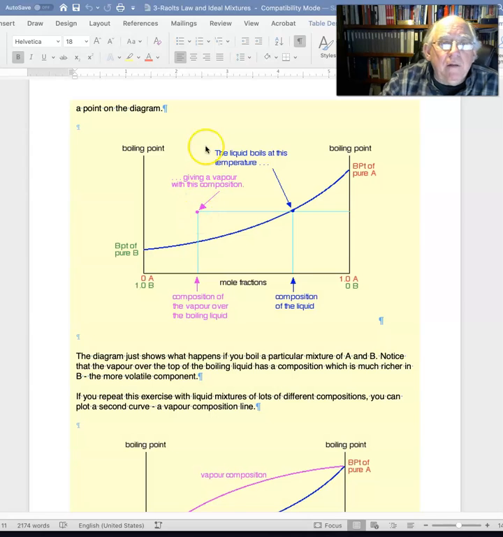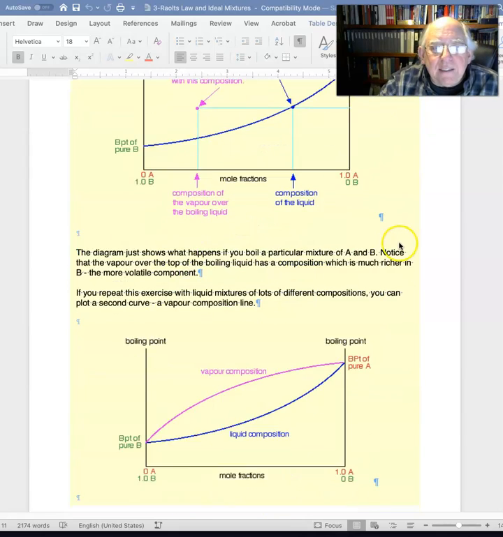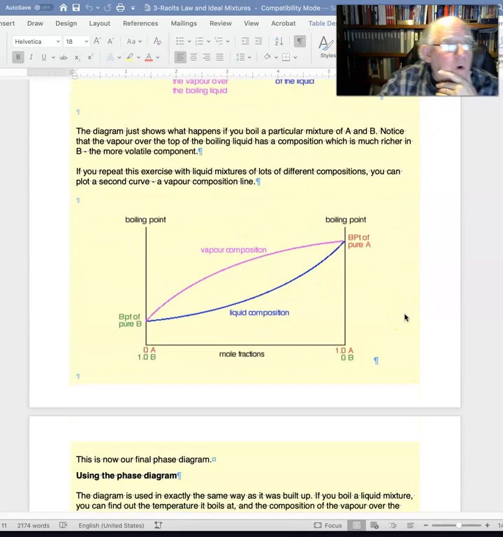And so that pink point can now be traced, and what we now have for a mixture of two pure substances is a second line that corresponds to the composition of the vapor sitting above the liquid at a given temperature. And so this line is very important here.